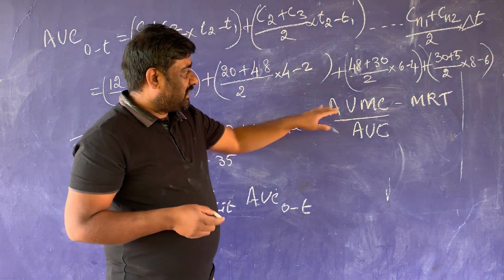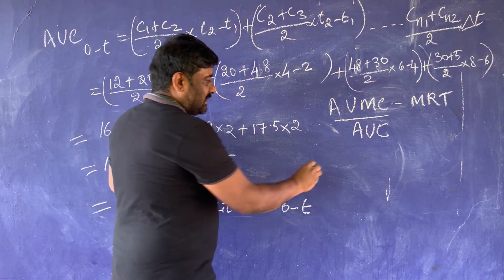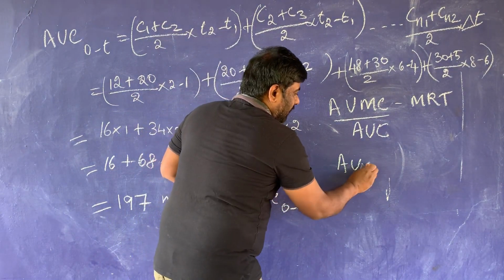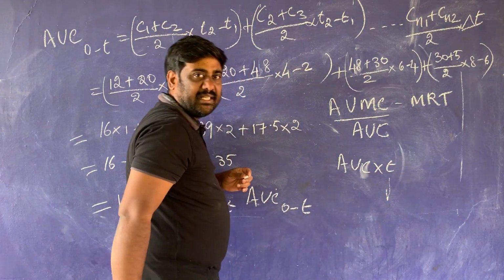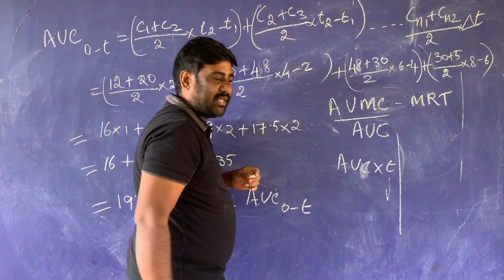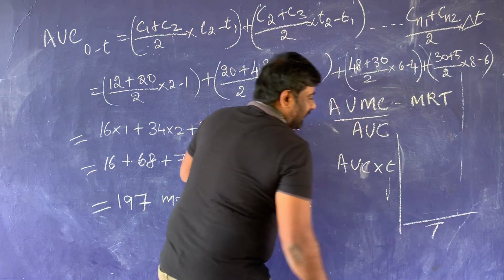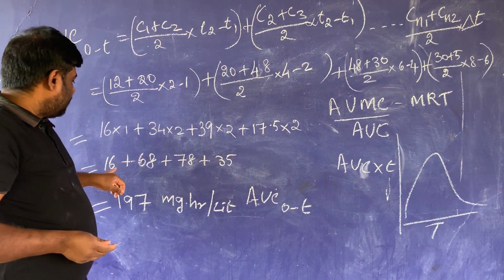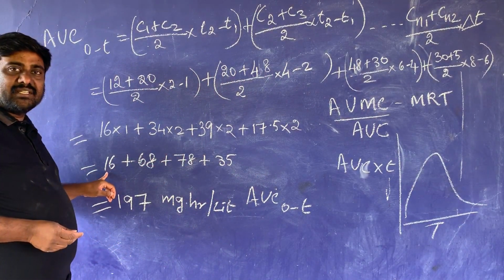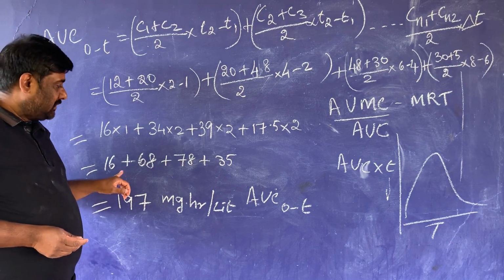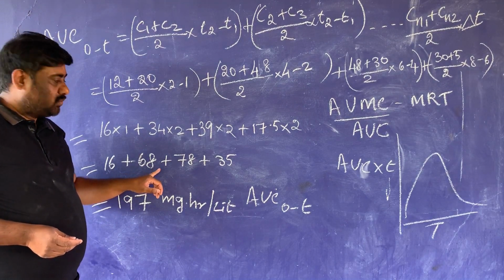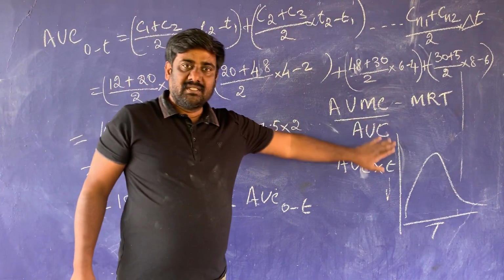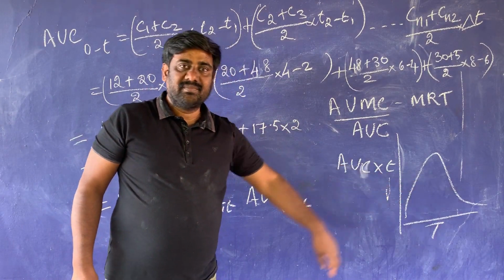So here, the AUMC is the same procedure, same trapezoidal rule. It can be calculated when AUC into T in y-axis and same time in x-axis, the graph is plotted. You got it? See now the first AUC is 16. So 16 into time 1 and 68 into time 2, 78 into 2, 35 into 2. So this will become your y-axis and the time will become x-axis.